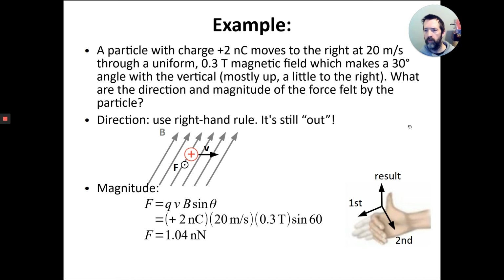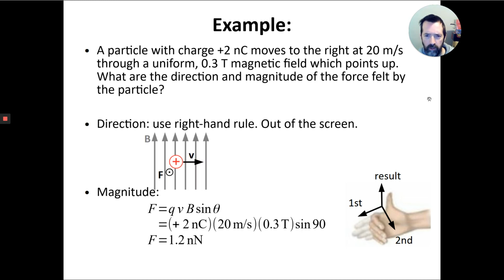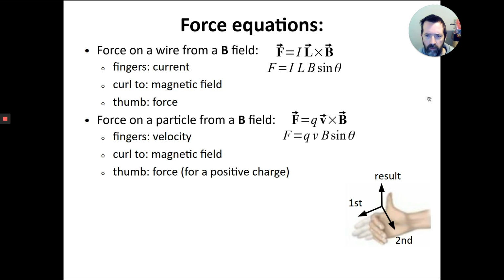Now there's one other trick which I did not mention earlier. I'm going to page back a few. If you are dealing with the motion of a charged particle, keep in mind that this formula has a Q in it. Q is the charge of the particle.